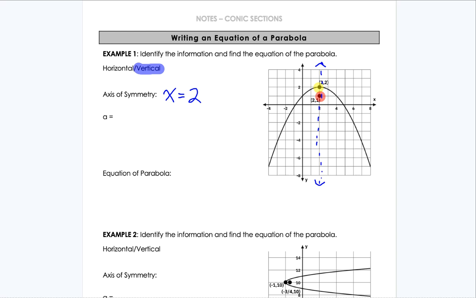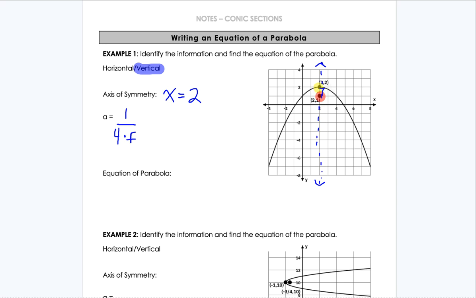In order to write my equation, I need that vertex point, but I also need my A value. Remember the formula to find that A value: 1 over 4 times f, where f is the focal distance.